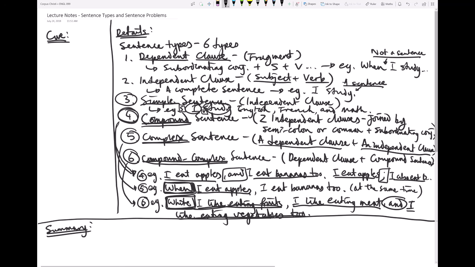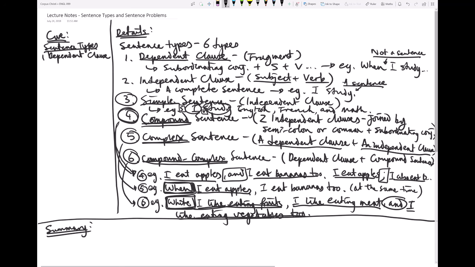So I'm going to stop here for the first part of lecture 1, and the second part will be sentence problems. So we have, looking at the cues, the sentence types. So we have independent, we have a dependent clause, before that is a sentence types.